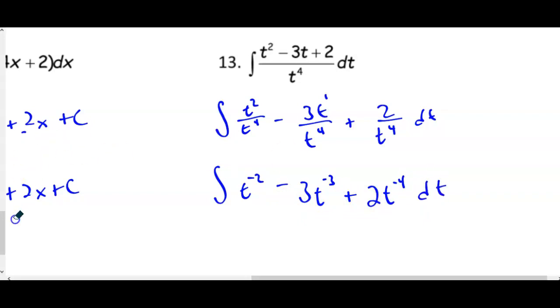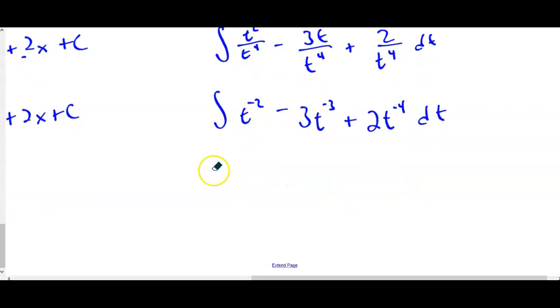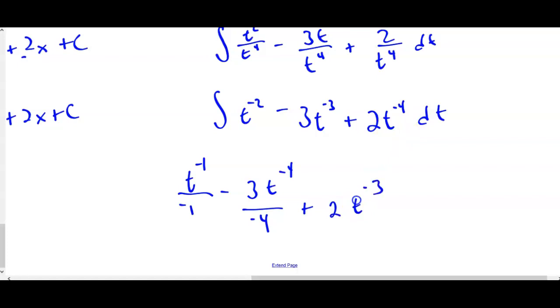All right, so now let's integrate. You get t to the negative 1 divided by negative 1. This one will give you 3t to the negative 4 divided by negative 4. And then this one, we're going to go 2t to the negative 3 divided by negative 3.